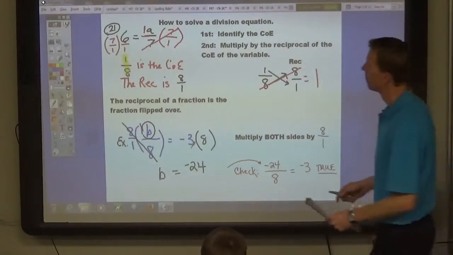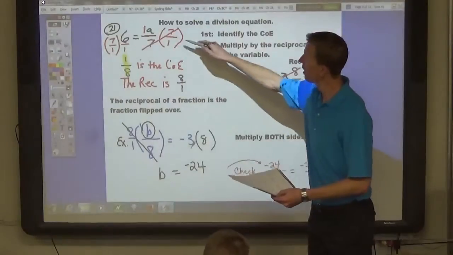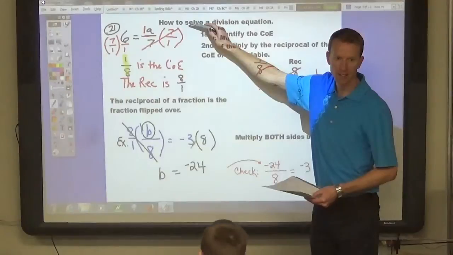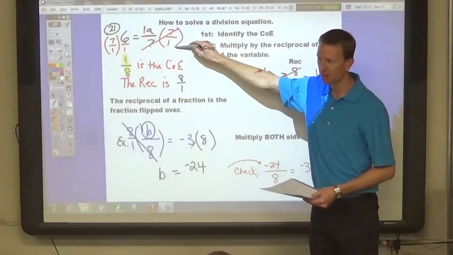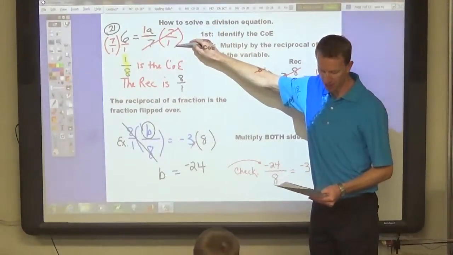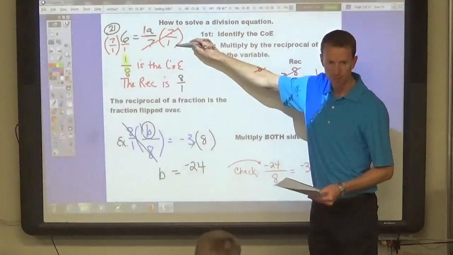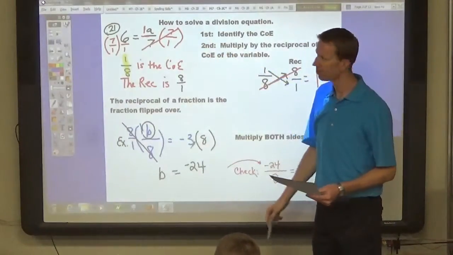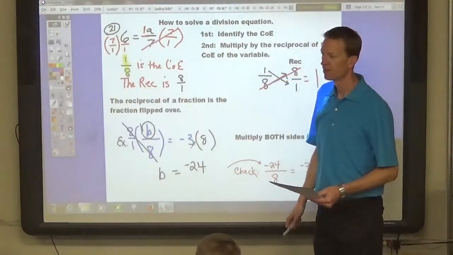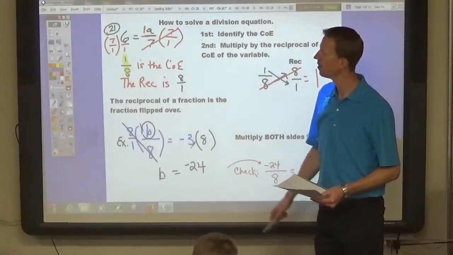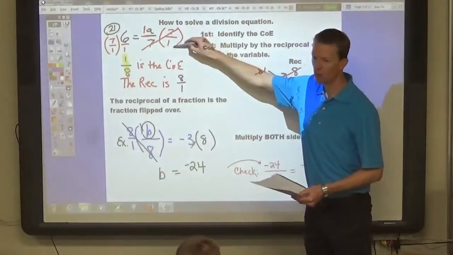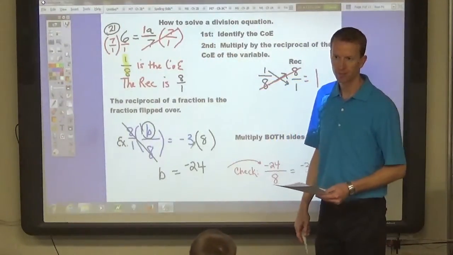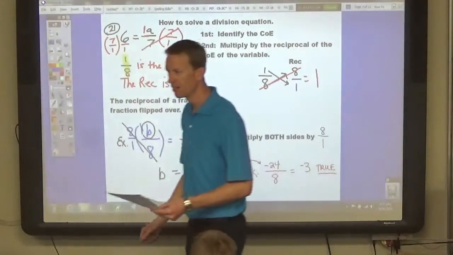So, what should you write next to a over 7? Yes, 7 over 1. So write 7 over 1 next to a over 7. Everyone write that? 7 over 1. Cross out the 7s.